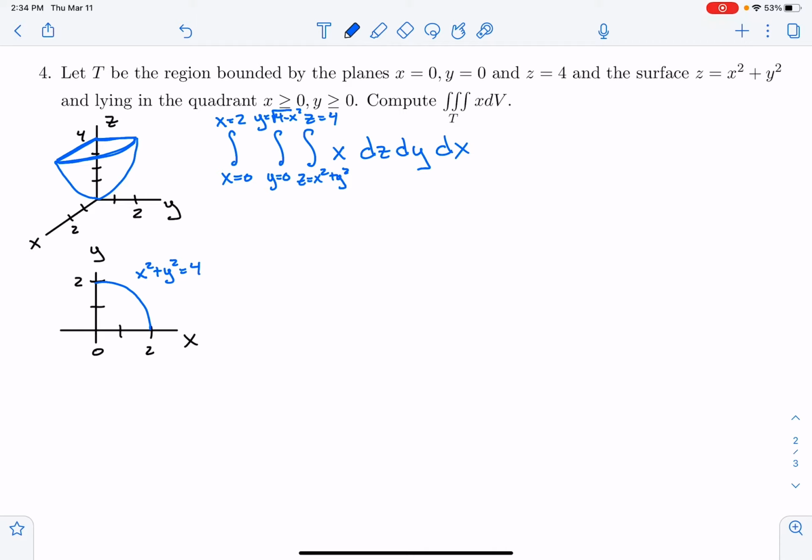So we're thinking about this as starting at the bottom of the bowl and then going up to z equals 4. That's in the z direction. In the y direction, we're going to start at y equals 0 and then go up to y equals the square root of 4 minus x squared. That's the boundary of that circle. And then we're going to go from x going from 0 to 2.